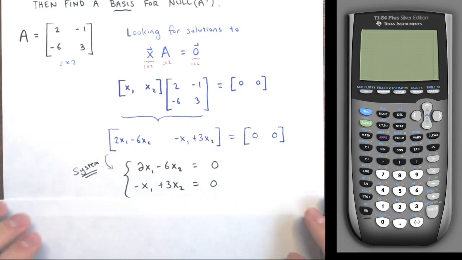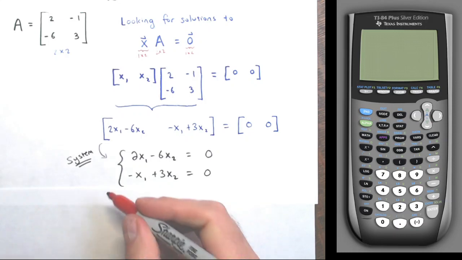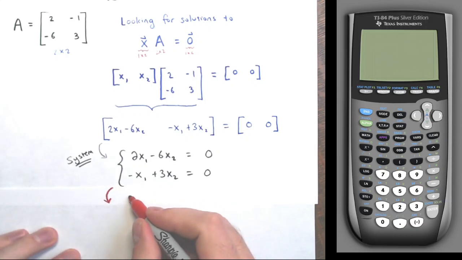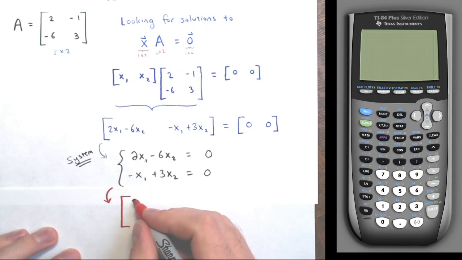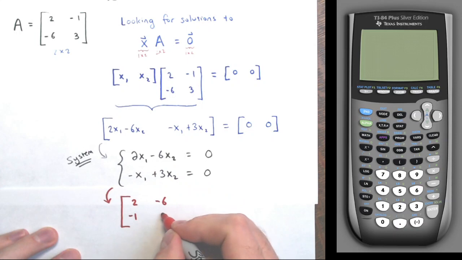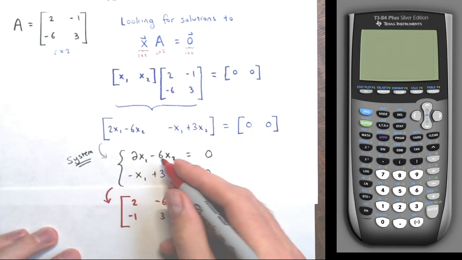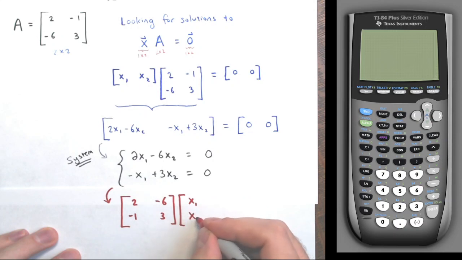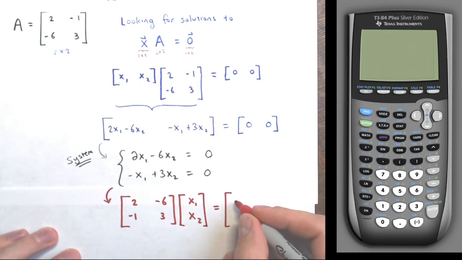But then I could write this system as this matrix equation here: the coefficients of x1, 2 and negative 1 down the first column, and coefficients of x2, negative 6, 3 down the second column, then times a column vector with the variables x1, x2, equals this column vector 0, 0.